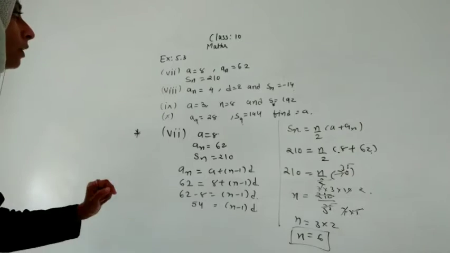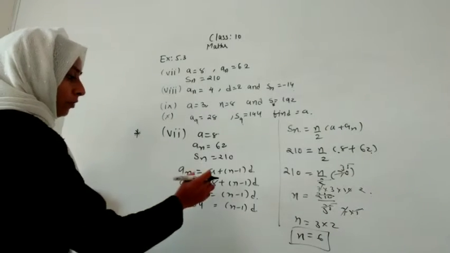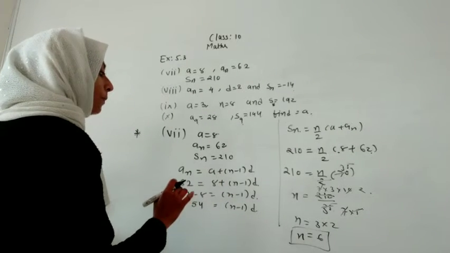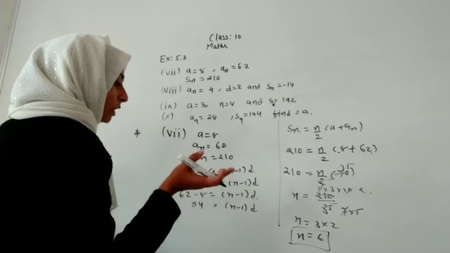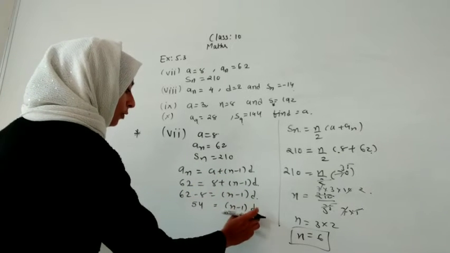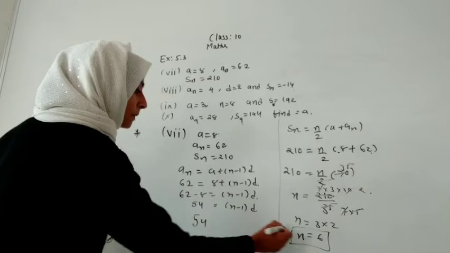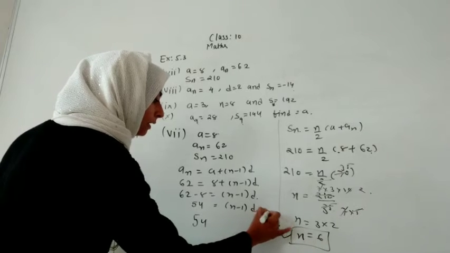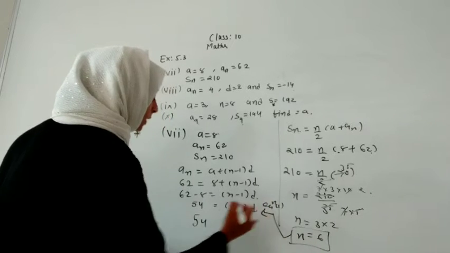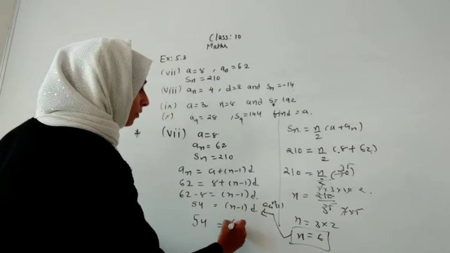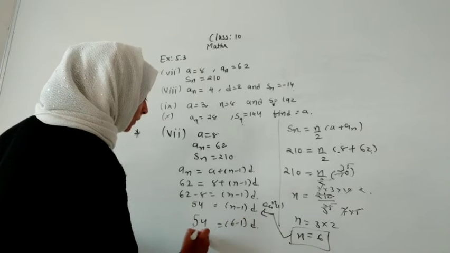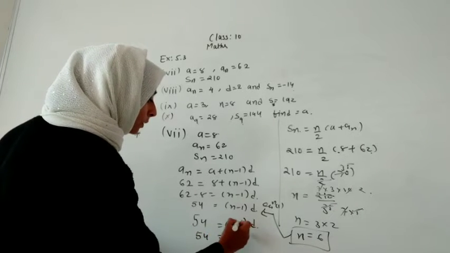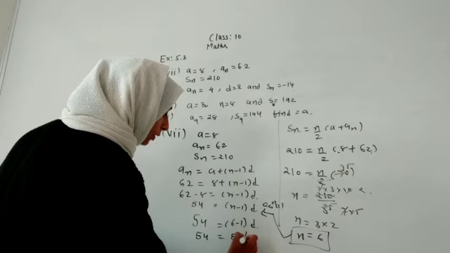Here we will substitute that value and find the difference and the rest of the things which we do not know. The difference we can find by substituting the value of n in equation number 1. How will it look? We will write 6 minus 1 into d. So it is 54, that is equal to 5 into d.